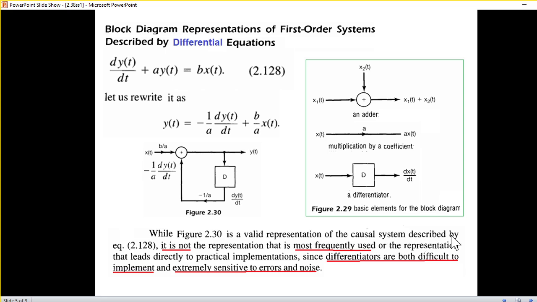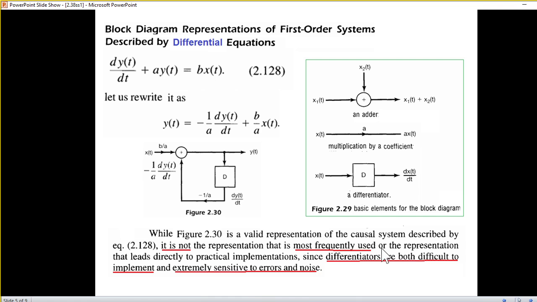The causal system described by this equation is not the representation that is most frequently used. And the reason for not using this most frequently is that differentiators are both difficult to implement and extremely sensitive to error and noise.